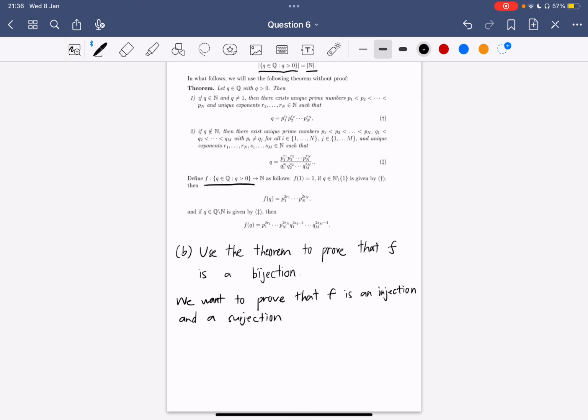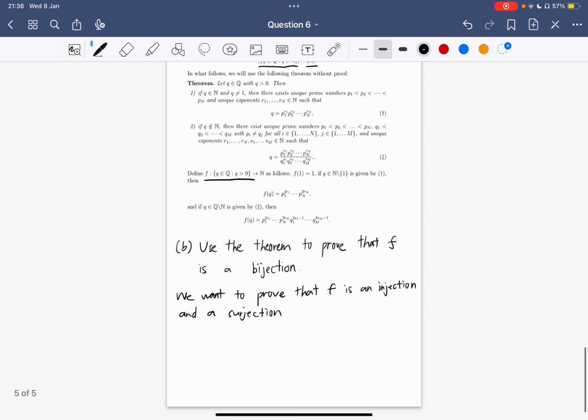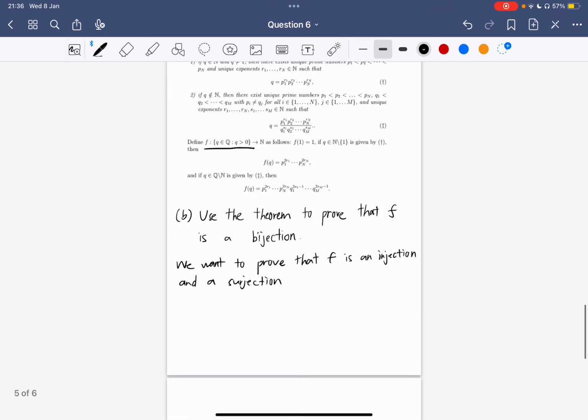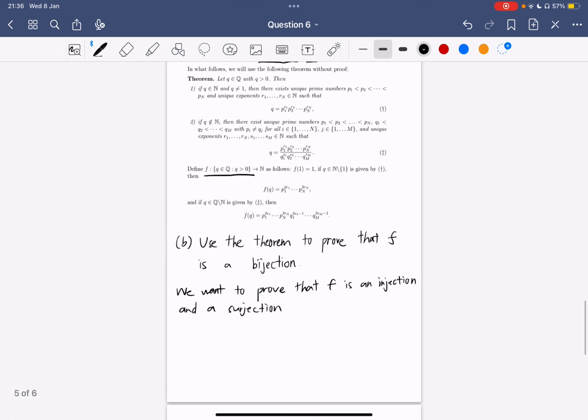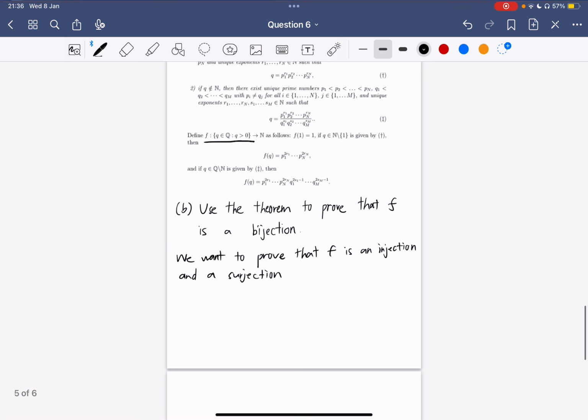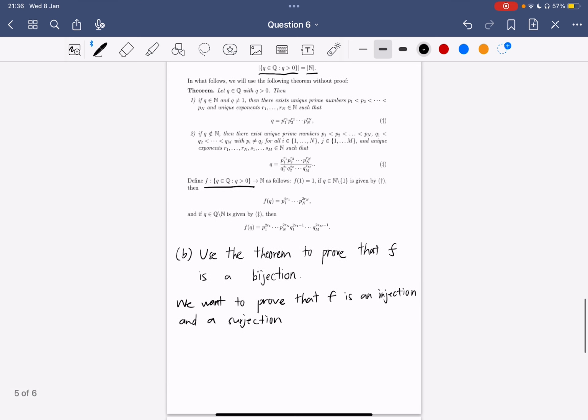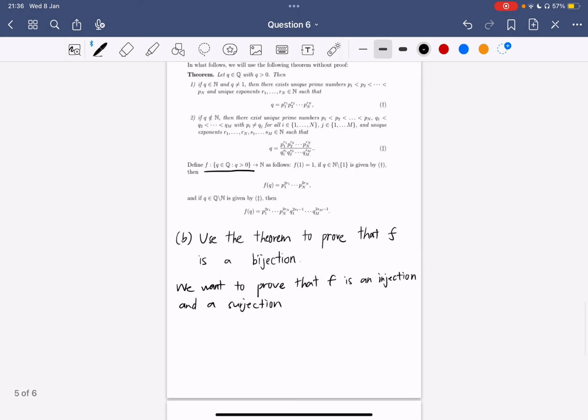Injection meaning it's one-to-one, and surjection meaning it's onto.